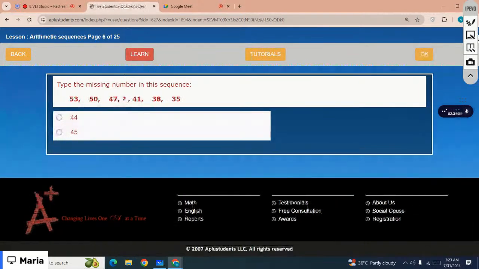Okay, type the missing number in the sequence. So which number is missing? It is 44. Option number 1 is the correct option.